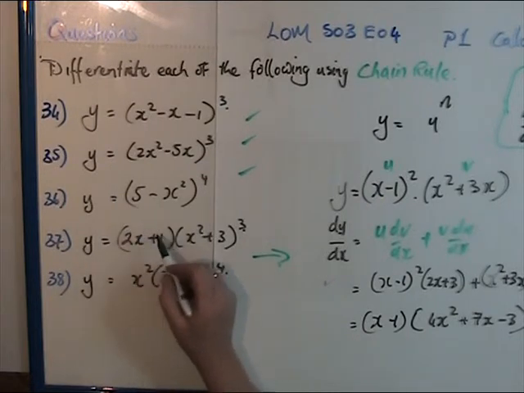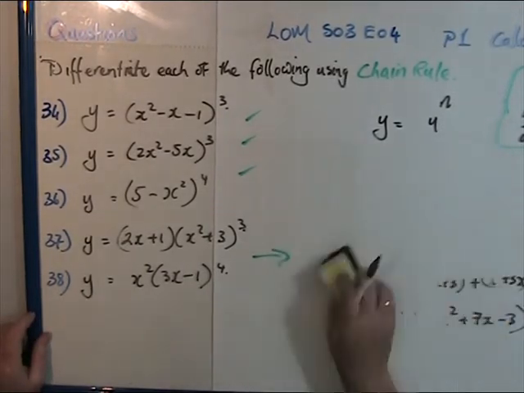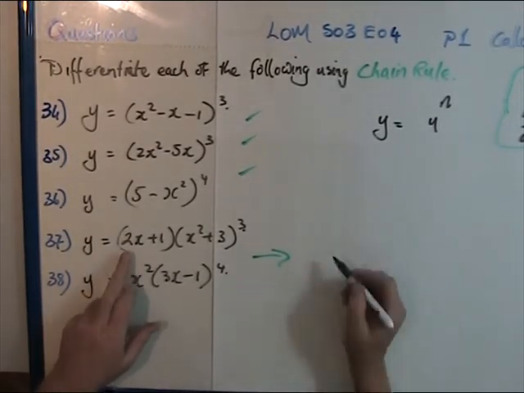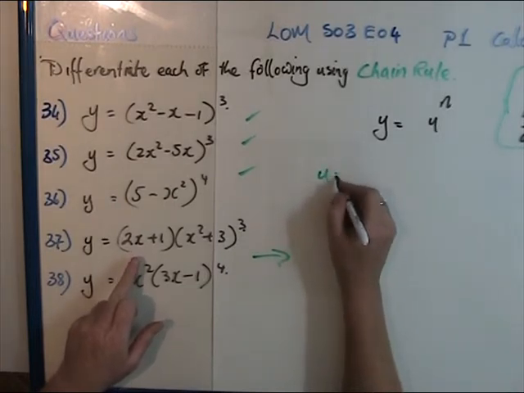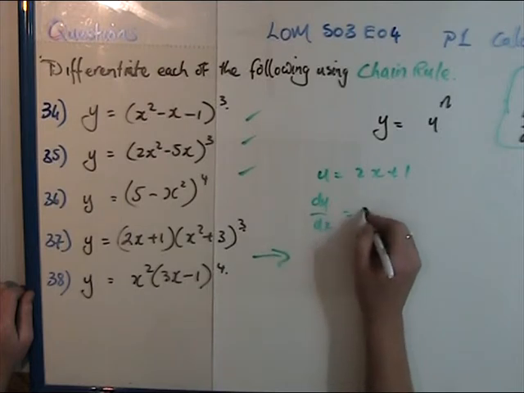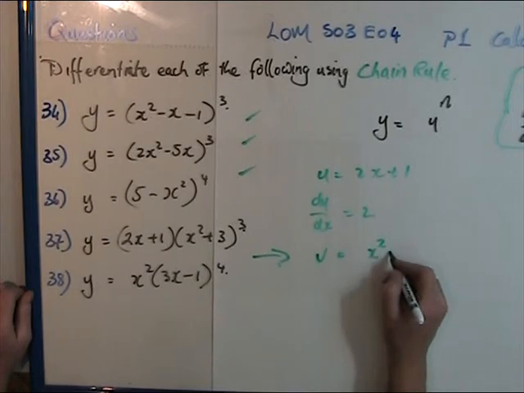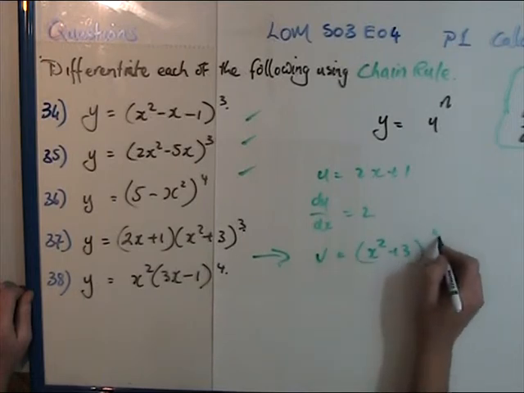So for example, this one here, look at the rule. I'm going to make u equal to 2x plus 1, du dx is equal to 2, then we've got v equal to x squared plus 3 all to the power of 3.